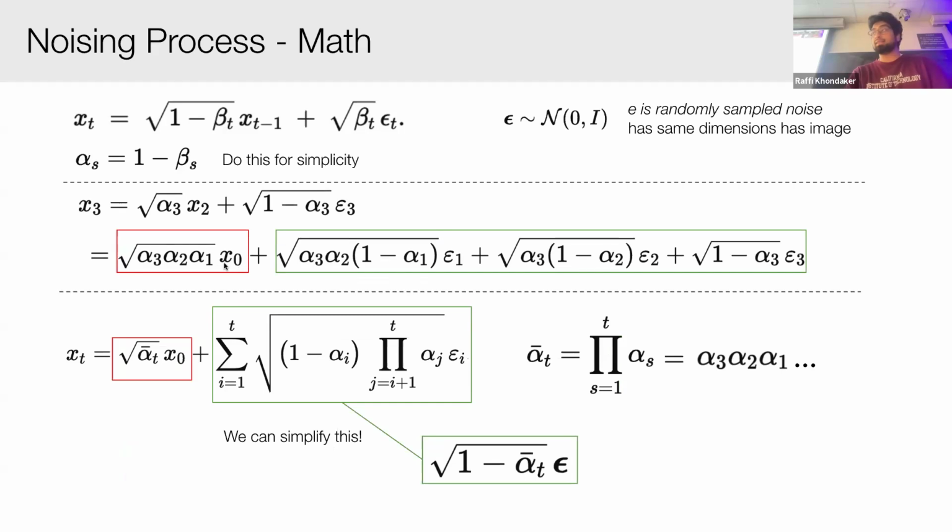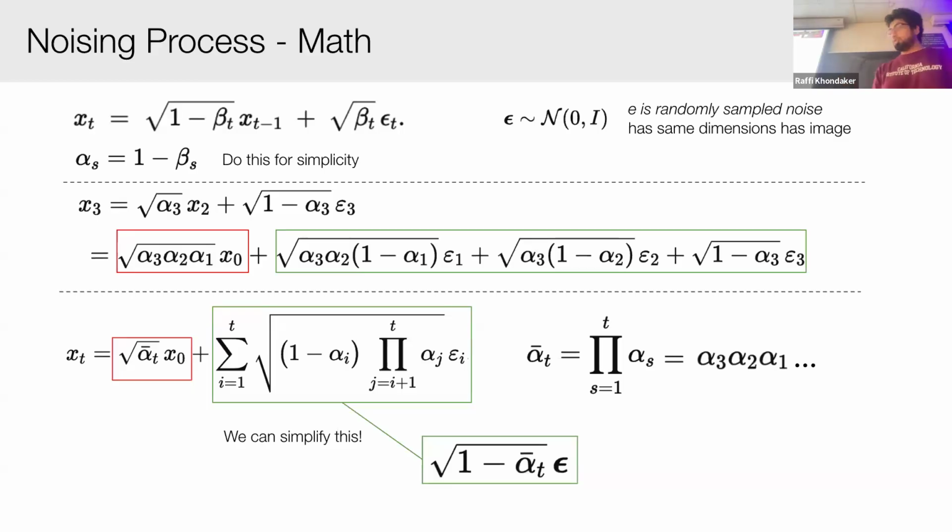So going from x naught to, let's say, x3 is the square root of each alpha three times, plus the square root of alpha 3 times alpha 2, and so on and so forth. In other words, you can boil that down to this pretty simple equation over here.